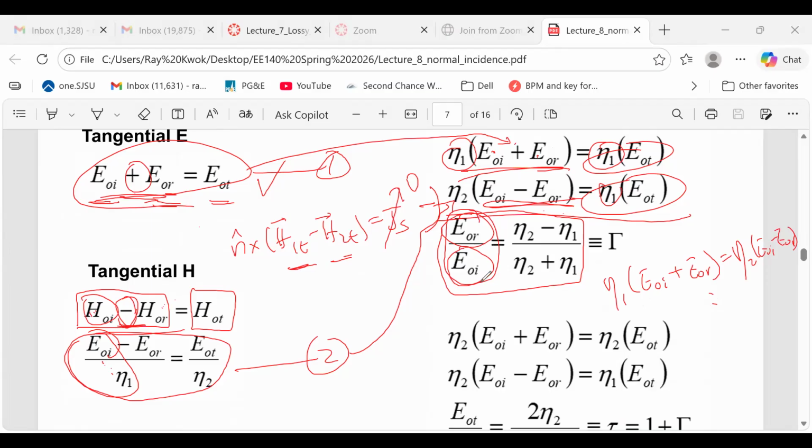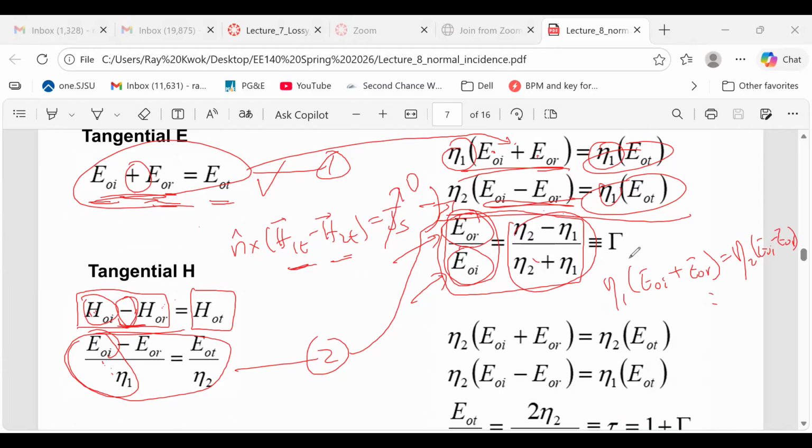Let me repeat that. If I know the incident electric field strength, I can tell you the reflected electric field strength, just based on the material. If I know material number 1 and material number 2, is it air, glass, air, water, air, PCB, whatever, then I can tell you how much signal is being reflected.